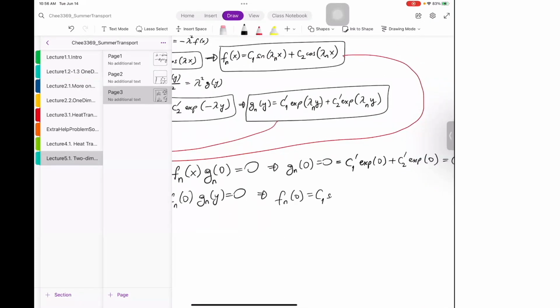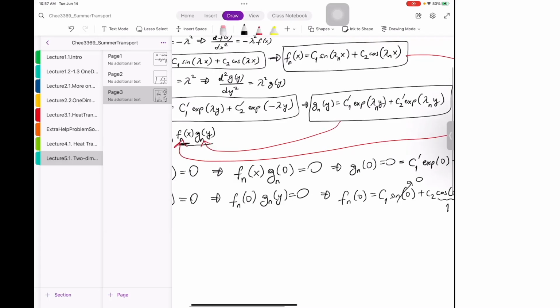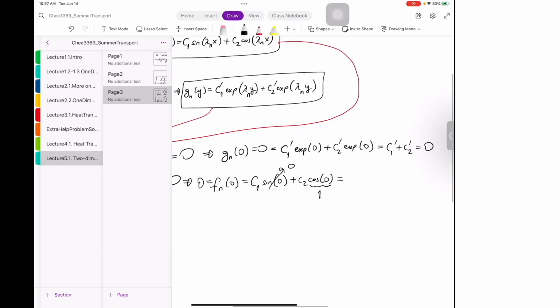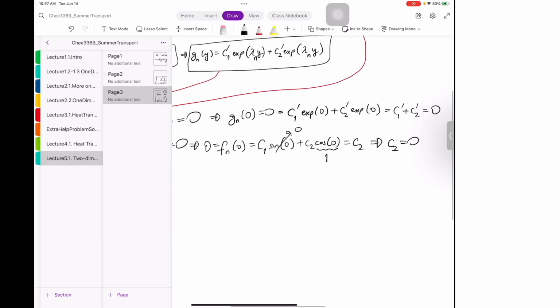C1 sine of 0 plus C2 cosine of 0. This is 0. This is 1. So we should equate this to 0, right? That's equal to C2. So from here we find C2 is 0, right?